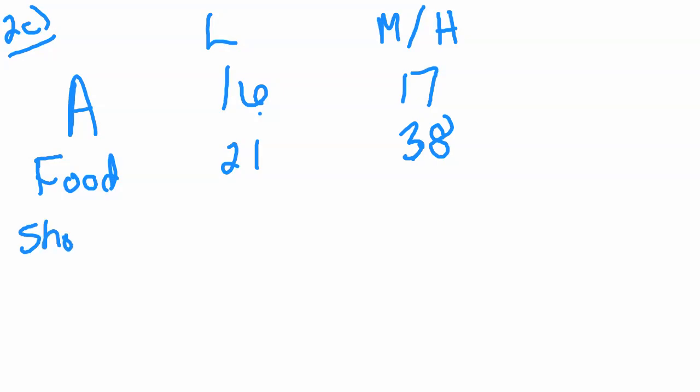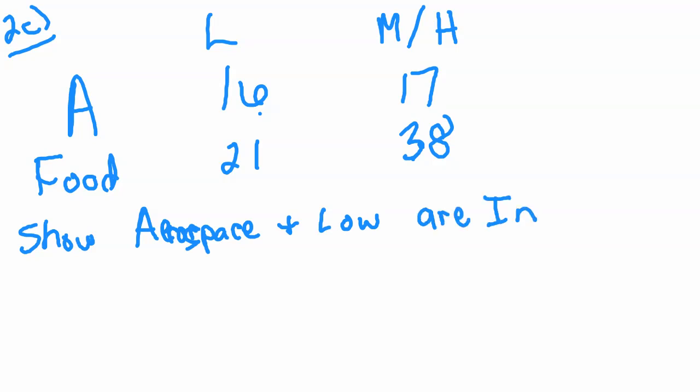So we want to show aerospace company, aerospace, and low risk are independent. So that means that a low risk company doesn't depend on if it's aerospace and vice versa.